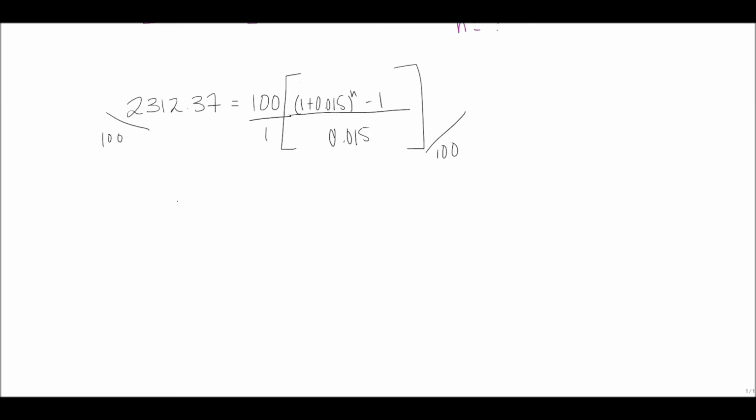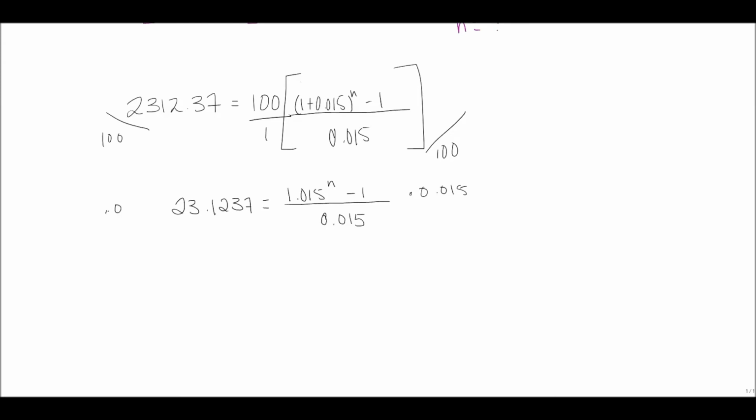That will give us 23.1237 is equal to 1.015, the 1 plus the interest rate, still raised to the power of n, minus 1, divided by 0.015. I'm still looking to isolate n, so let's multiply everything by that denominator, because we know that will reduce our fractions to a single linear term.